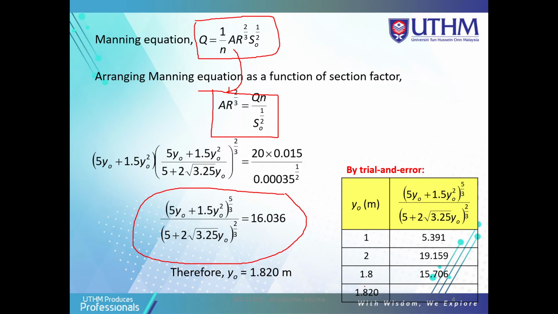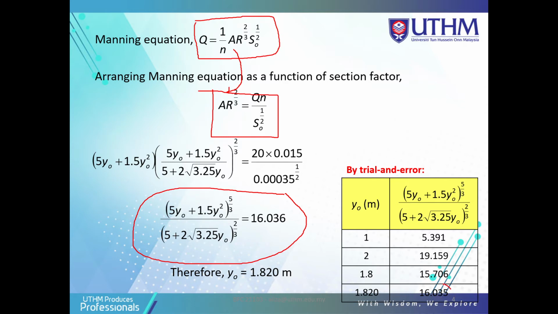Or you can assume 1.9. If you put 1.9, you calculate and get another value. But when we assume 1.82, we get the value 16.035.